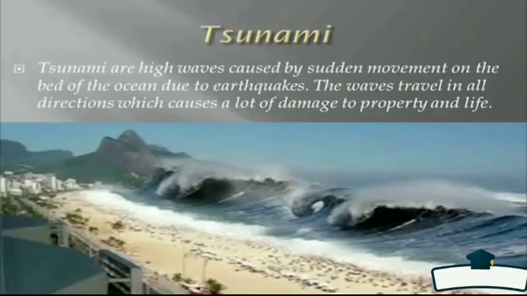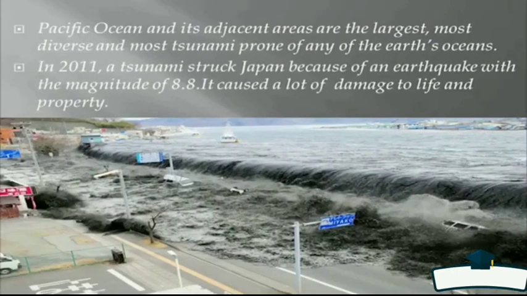Tsunamis are high waves caused by sudden movement of the bed of the ocean due to earthquakes. The waves travel in all directions, which causes a lot of damage to property and life. The Pacific Ocean and its adjacent areas are the largest, most diverse and most tsunami prone of any of the Earth's oceans.